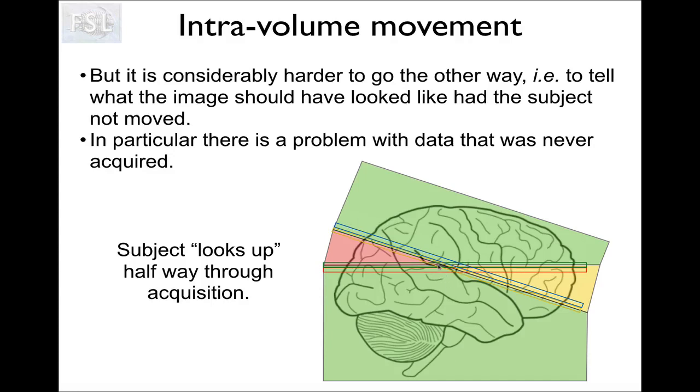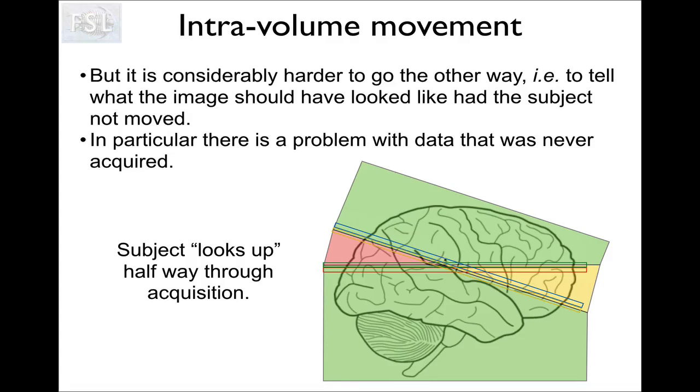Now the subject looks up. That means that this frontal part that we had already acquired ends up above the already acquired part of the volume. So we then go on and acquire that part twice. So this yellow wedge here, we acquire that twice.